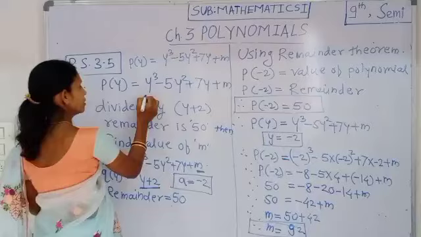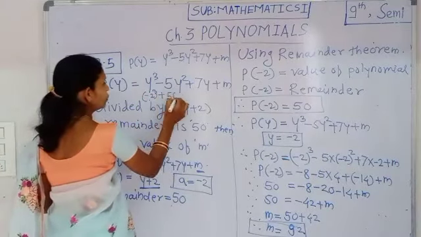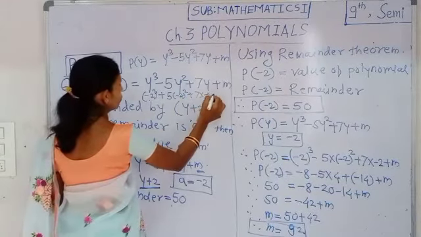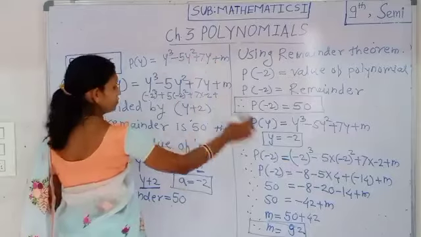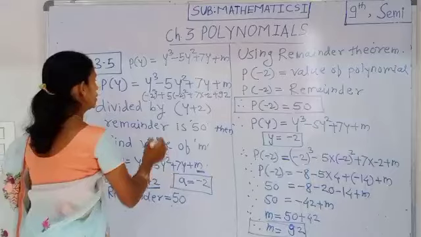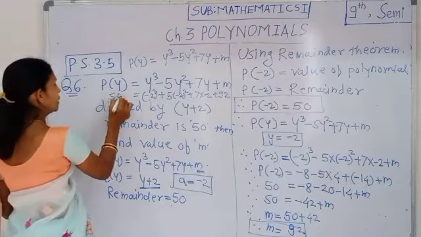Then see here, minus 2 cube plus 5 into minus 2 square plus 7 into minus 2 plus the value of m, we got here 92. Then the value of p(minus 2) should be 50.